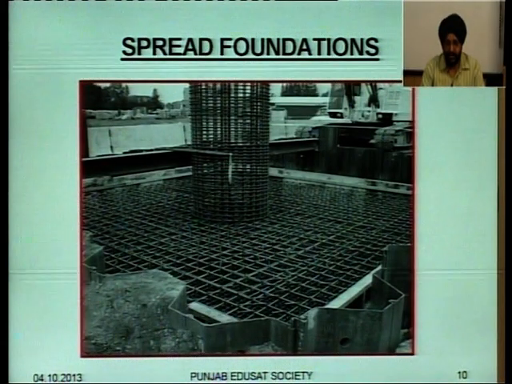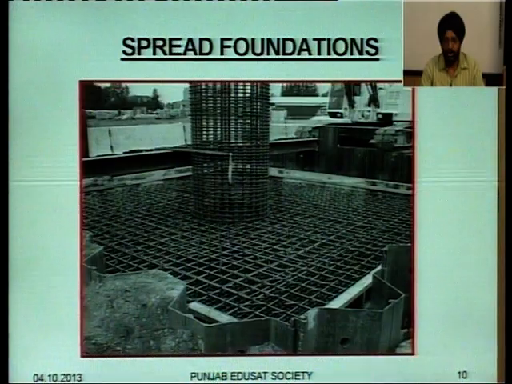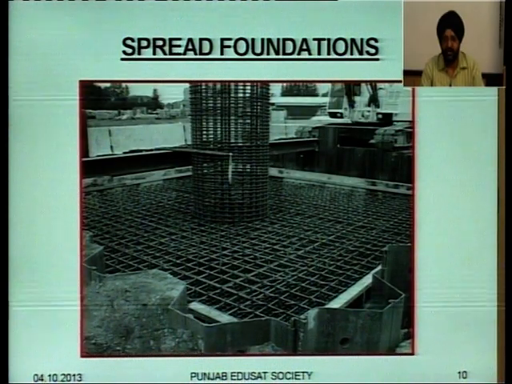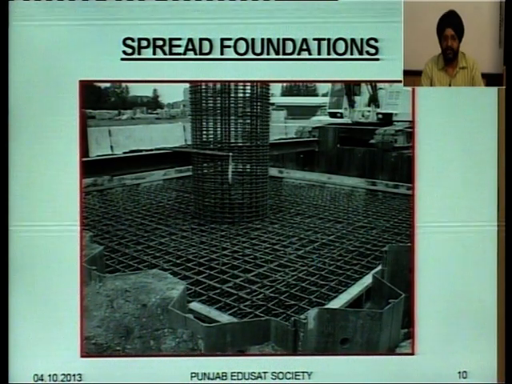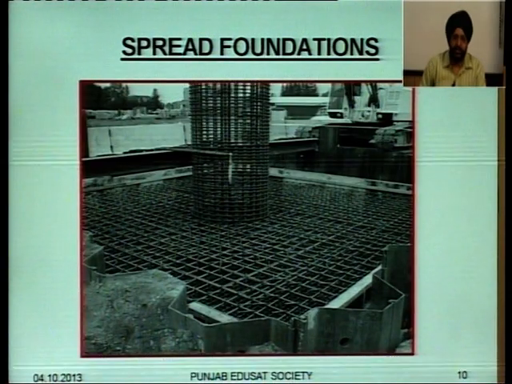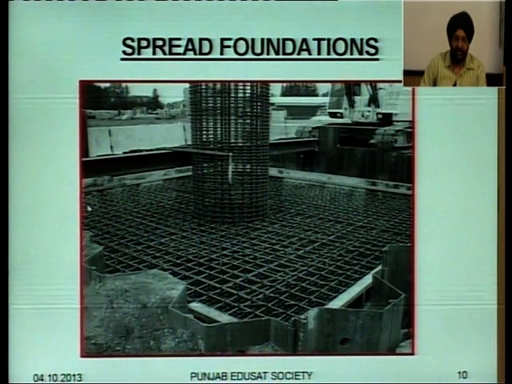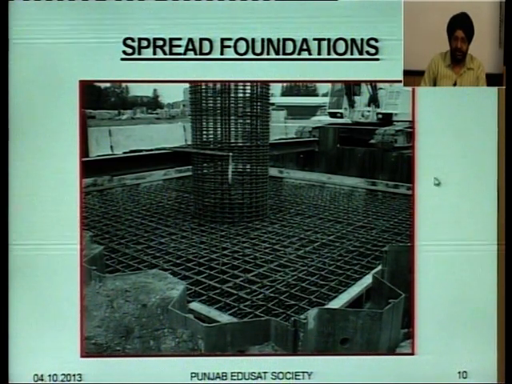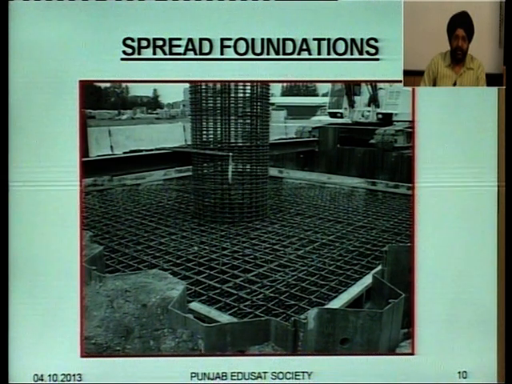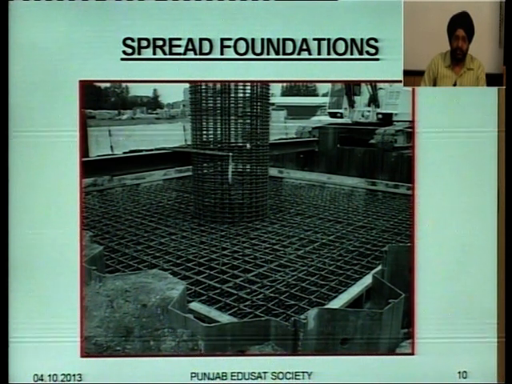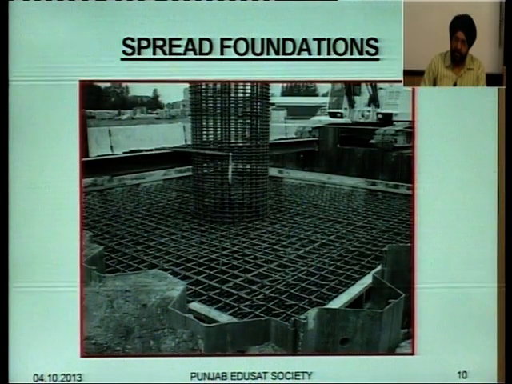Now, let us have a look at this diagram. This is a diagram showing some reinforcement part. It is an incomplete spread foundation, but you must have got an idea, like this is a wider area, and this is the reinforcement of a pier.